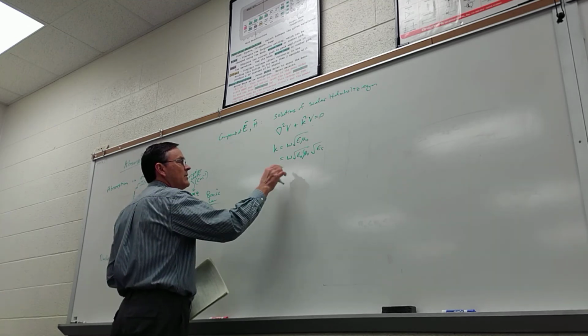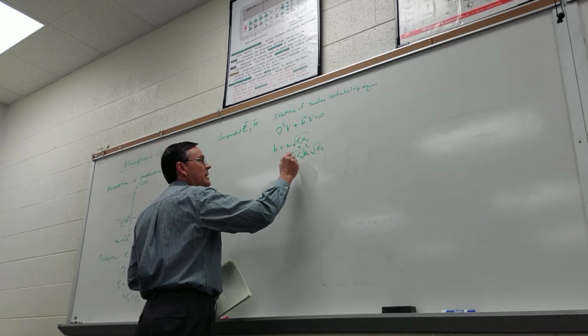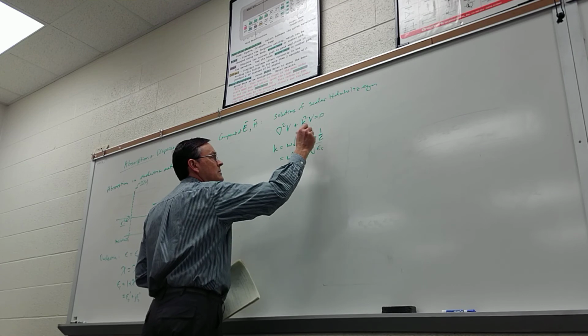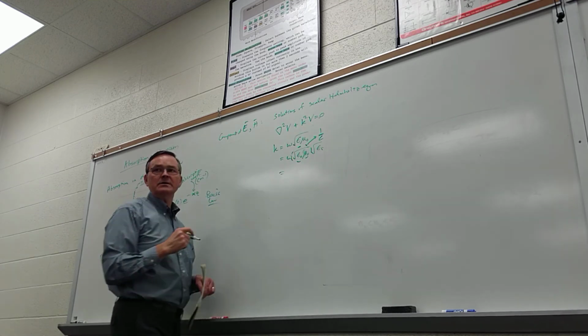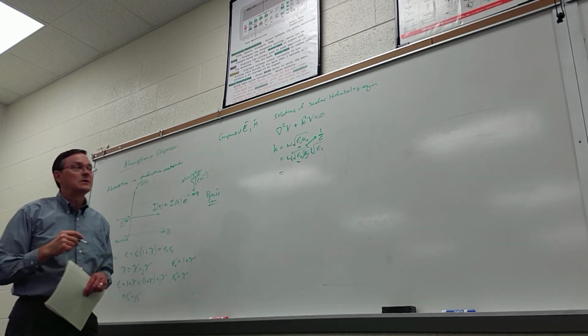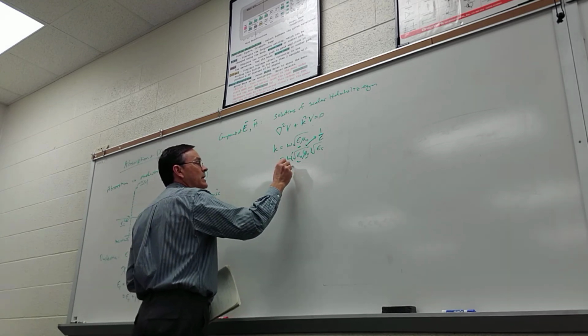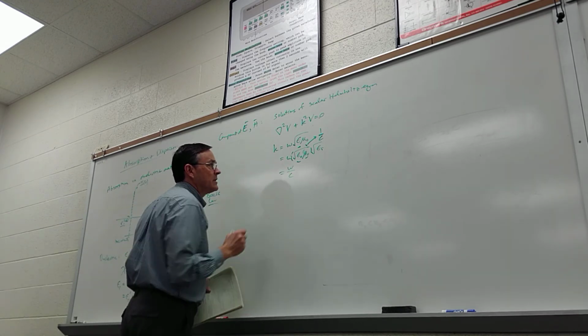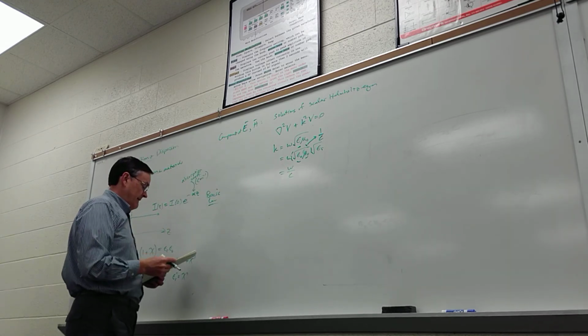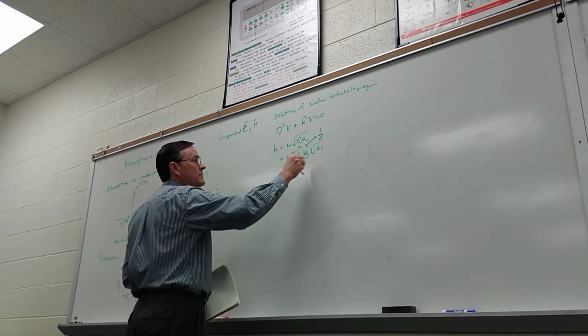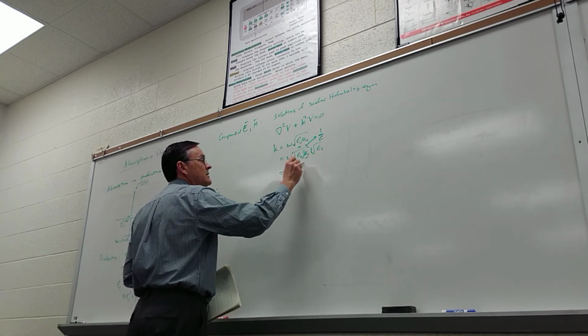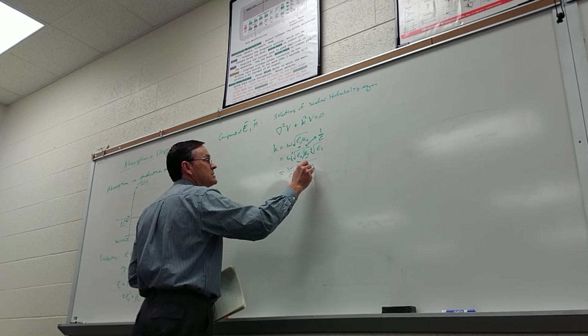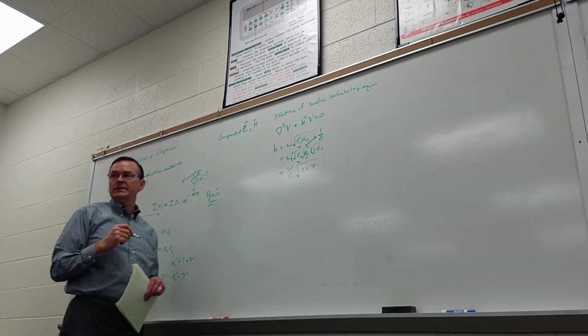And then we look at this here, and we say, oh, that's just 1 over the speed of light in free space. So we can write this as omega over the speed of light in free space times the square root of the dielectric constant, and the dielectric constant is 1 plus the electric susceptibility.